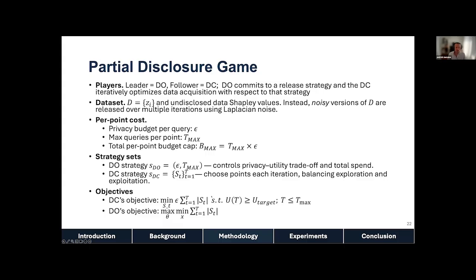This is how we model the objective: the data consumer wants to minimize the number of times he queries data points multiplied by the budget, and the data owner wants to maximize this minimization. And of course, there's still the constraint from the data consumer on the utility target, so the data consumer would stop once he achieves his utility target.